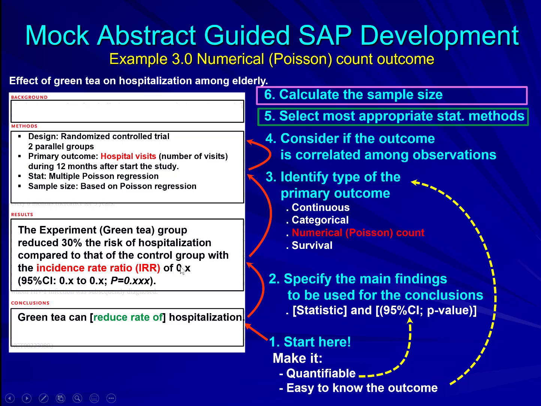Similar to logistic regression, it is 0.7 to be able to say reduce about 30%. So the interpretation is the same when it is a ratio. Then this is from what? From multiple Poisson regression. You see, it's logically linked from this section about outcome to the sections about presentation and interpretation.